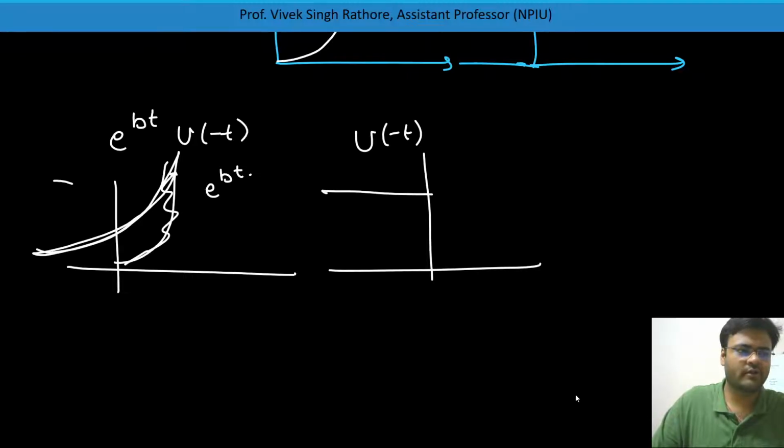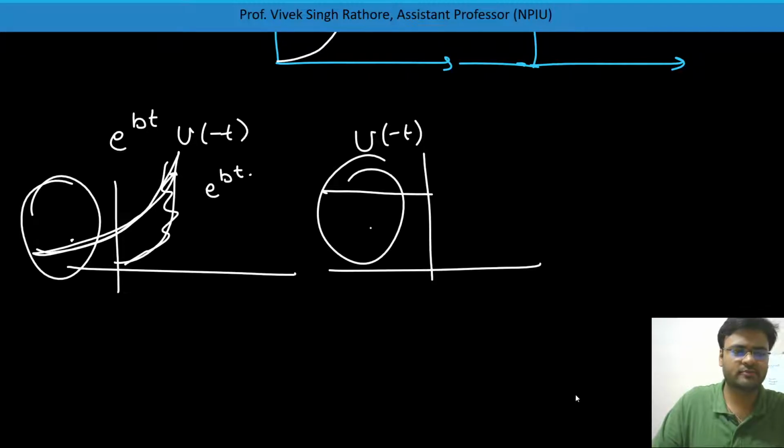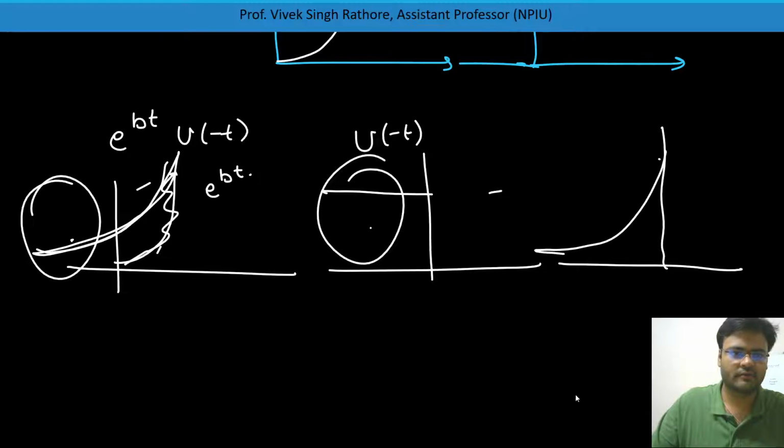So whatever is in this portion multiplied by this portion only will remain. This portion multiplied by 0 will come 0 only. So it will be like this only, and if it is u(t) also, it will go on increasing. So this is your e to the power bt u(-t).